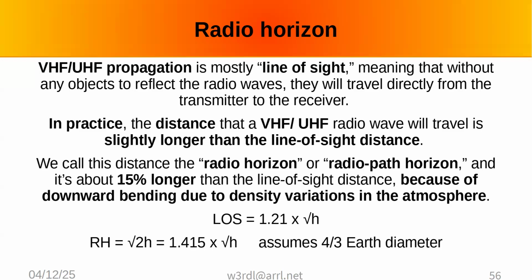However, because it's kind of like the ground wave, you get some curvature. It can follow the surface of the earth, and they approximate that by changing the formula to the square root of 2 times the height, which is the same as 1.41 times the square root of the height.